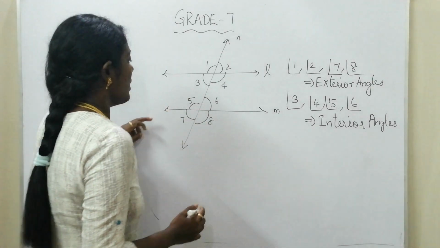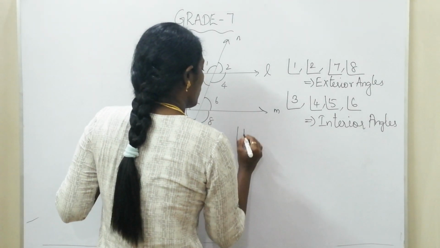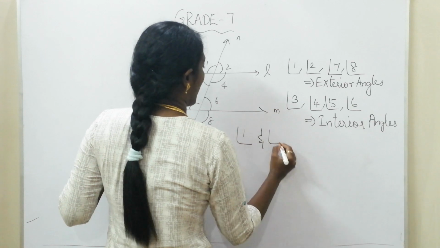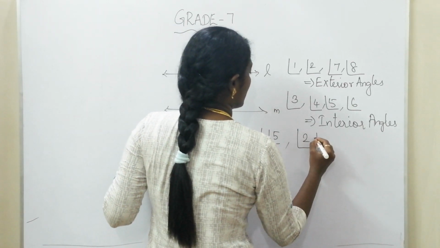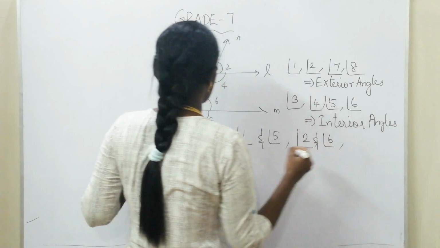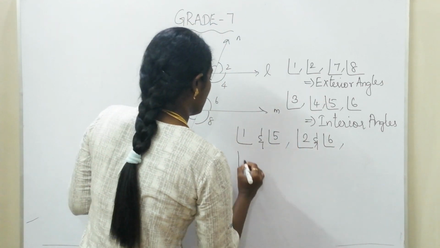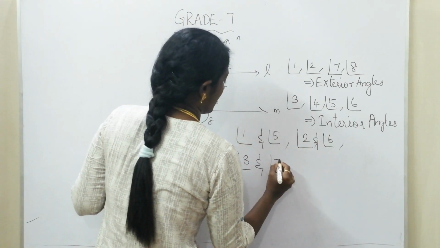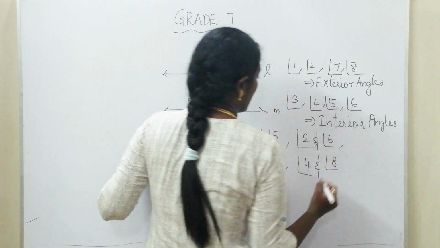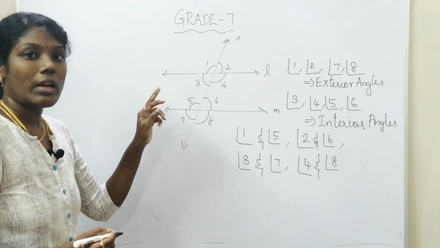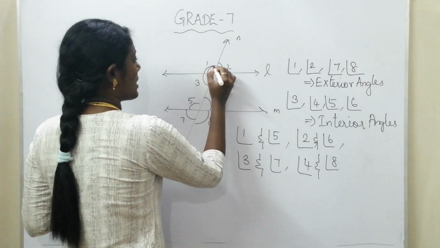Next, angle 1 and angle 5, angle 2 and angle 6, angle 3 and angle 7, angle 4 and angle 8. When you look at the angles that I say, it is just one step ahead.